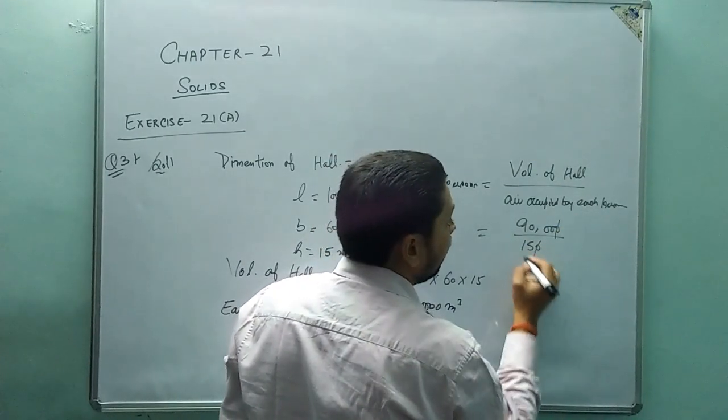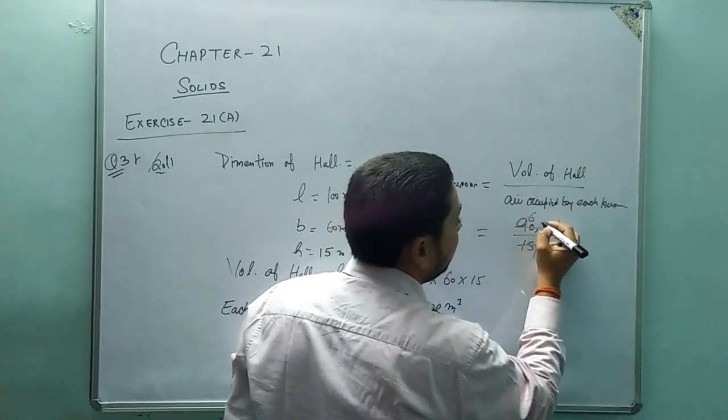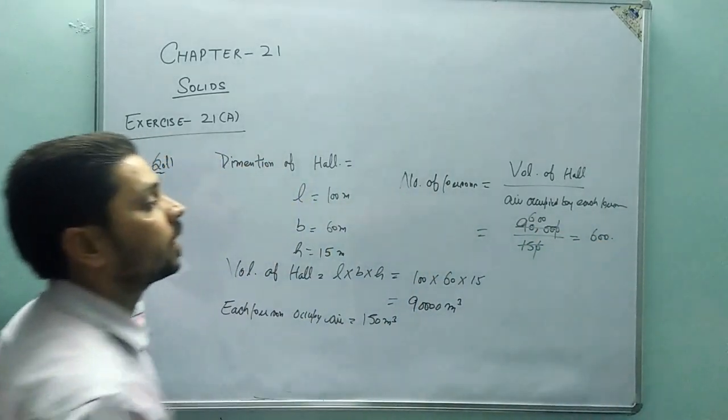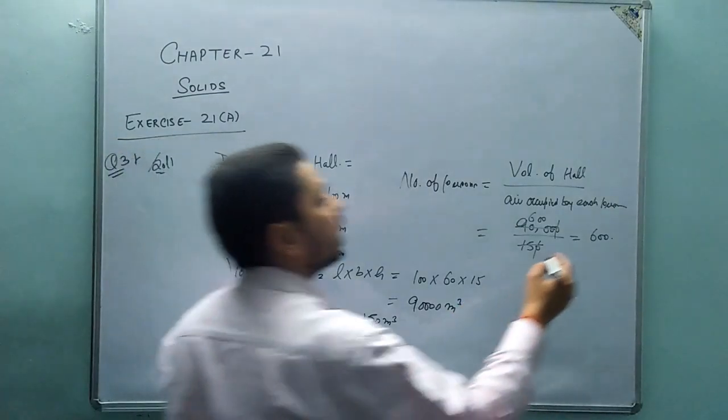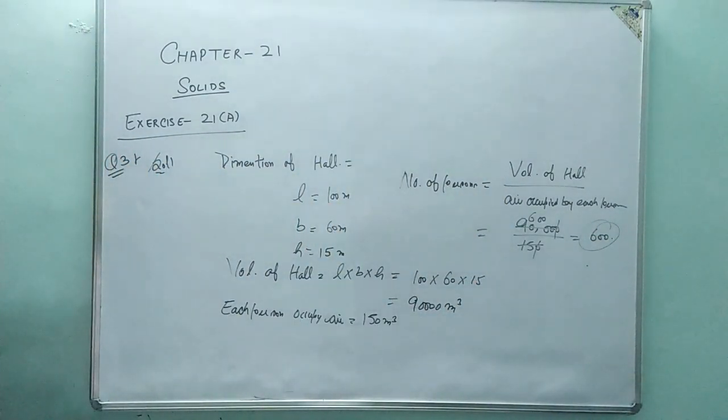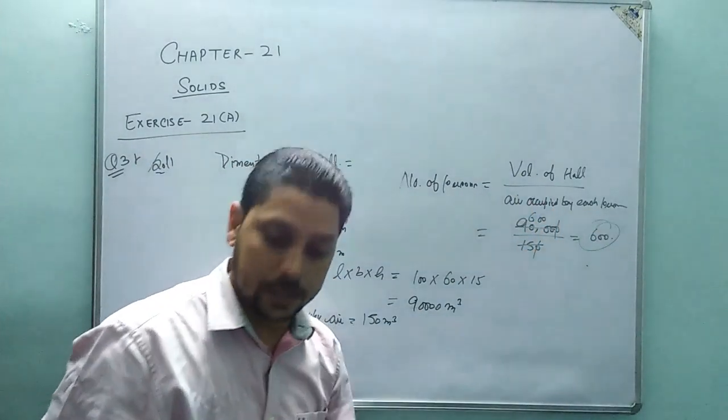Cancel the terms and it will be 600. So how many persons can be accommodated in the hall? Number of persons is 600.